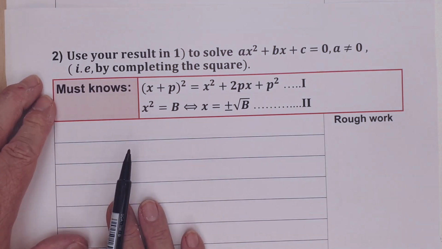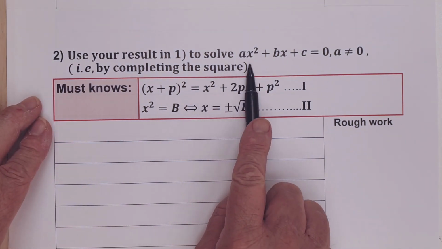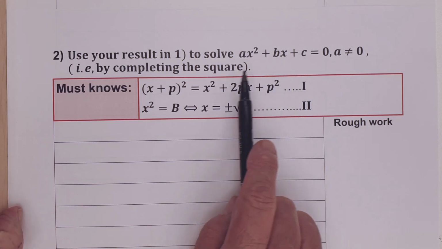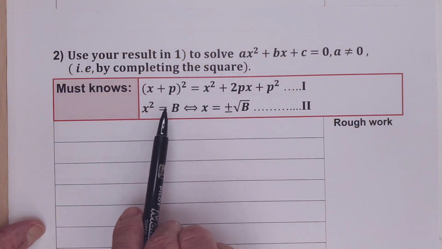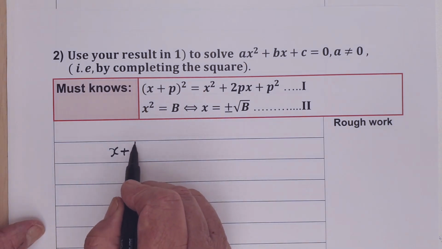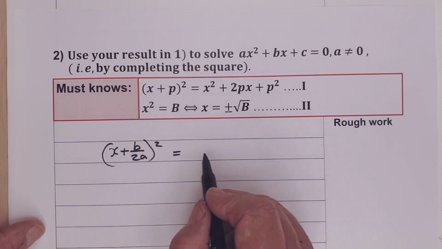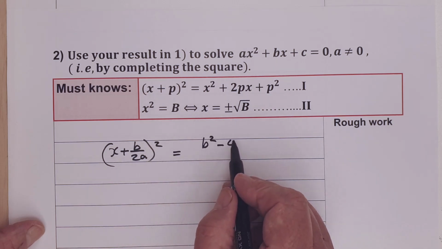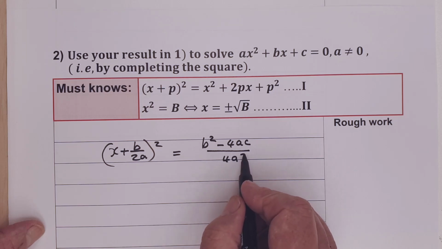The next question says, use your result in number 1 to solve now ax squared plus bx plus c using completion of the square. If we go back to our previous result, we have x plus b over 2a squared is equal to b squared minus 4ac over 4a squared.